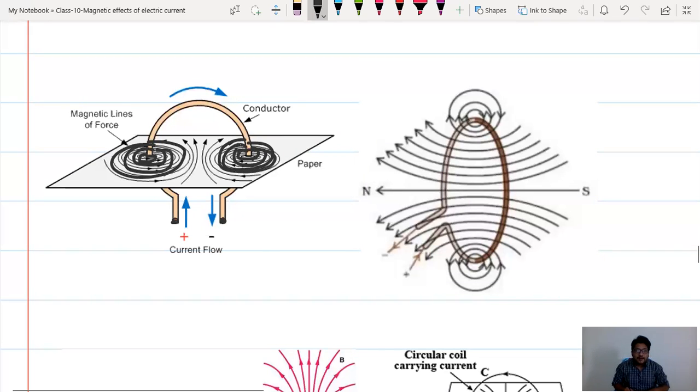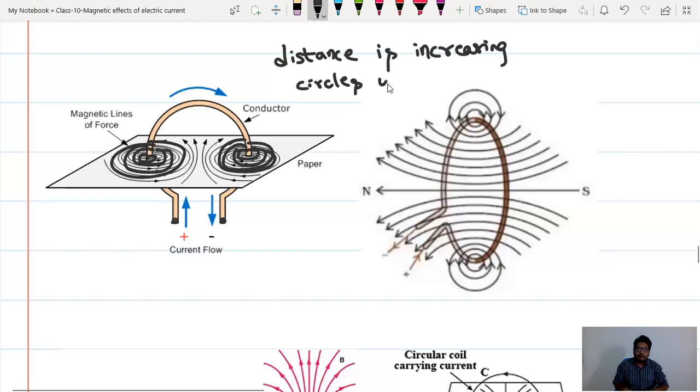Now, if distance is increasing, automatically those circles will enlarge. Circles will enlarge. Here you can observe in this diagram. Here we have one circle. Here circle is expanded.